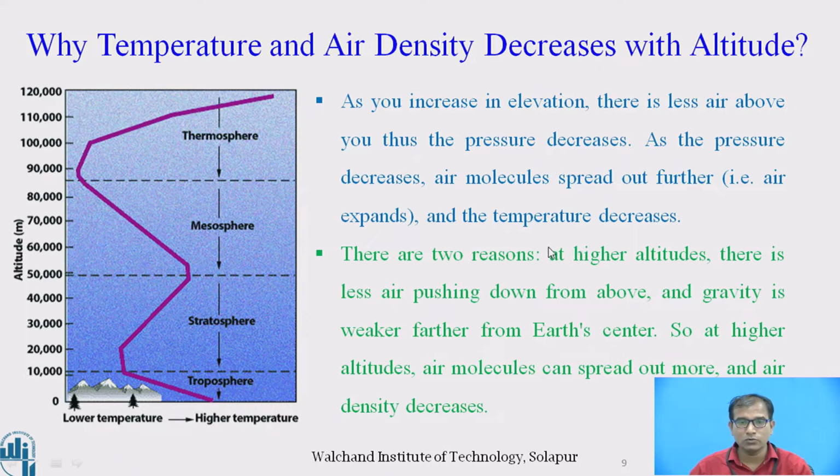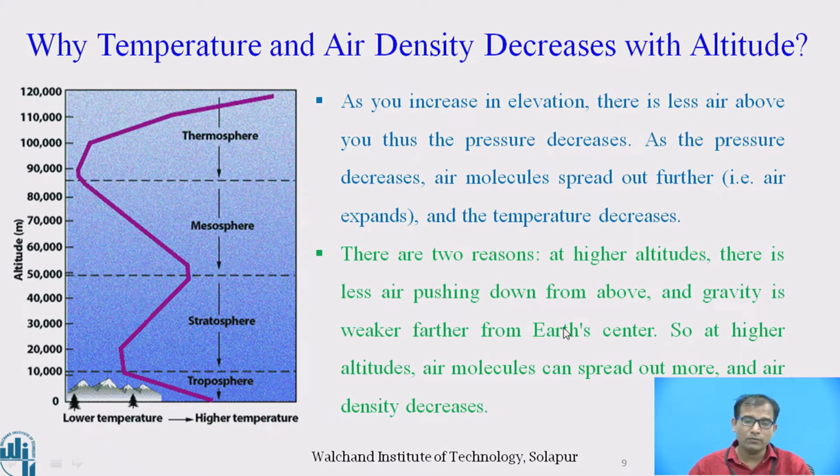That is the reason we need to increase the length of the runway, to apply the correction for elevation as well as temperature. And what is the reason for the lesser density? There is less air pushing down from above, and gravity is weaker. If you are closer to the earth, gravity is there and the earth is warmer, it can absorb heat.